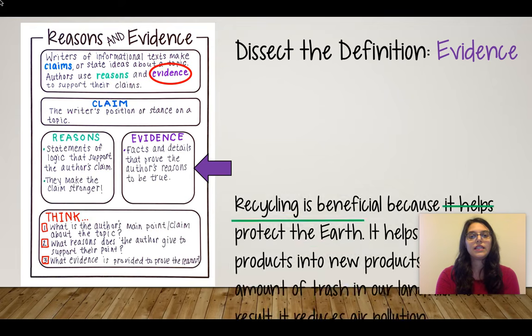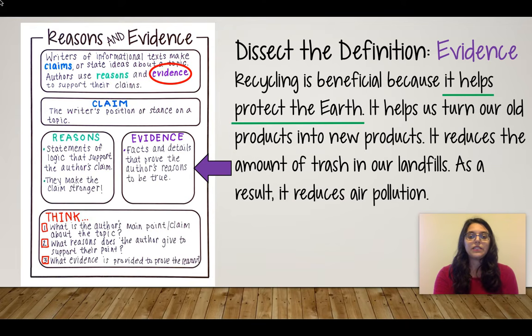So here's the longer portion. Recycling is beneficial because it helps protect the earth. It helps us turn our old products into new products. It reduces the amount of trash in our landfills. As a result, it reduces air pollution. All right, here we go. Now I see that this part that I added is the evidence to say how it helps protect the earth.